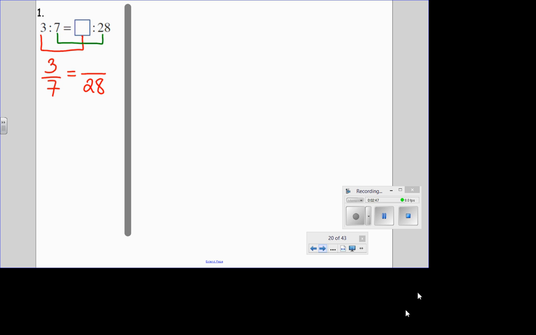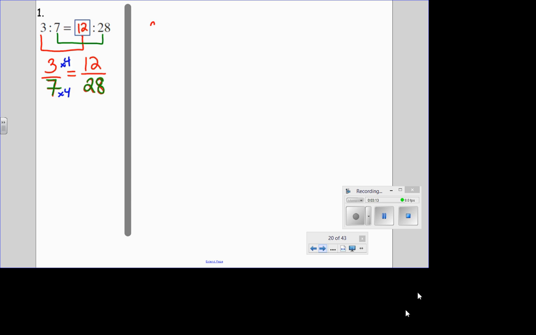That's really what we're looking at. And I'll change this one to green. So our 7 is green, and 28 is green. Think for a moment what we did to the 7 to get the 28. If we realize that we multiplied by 4, we're going to do the same thing to the 3, which means we'll get 12. And that way we can put the 12 in the space provided.